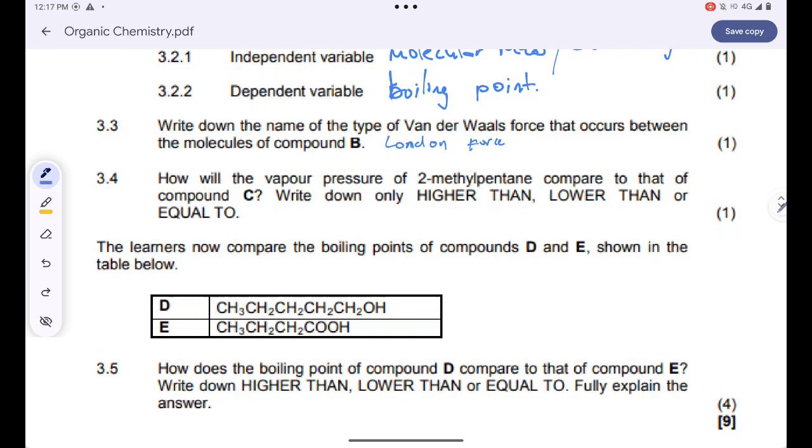How will the vapor pressure of 2-methyl propane compare to that of compound C? Write down higher than, lower than, or equals to.